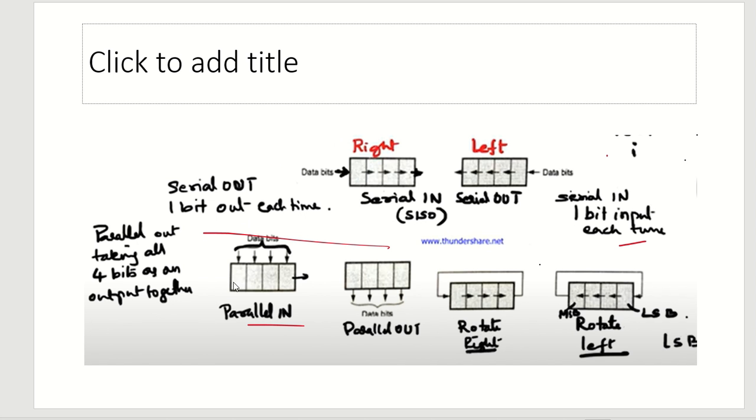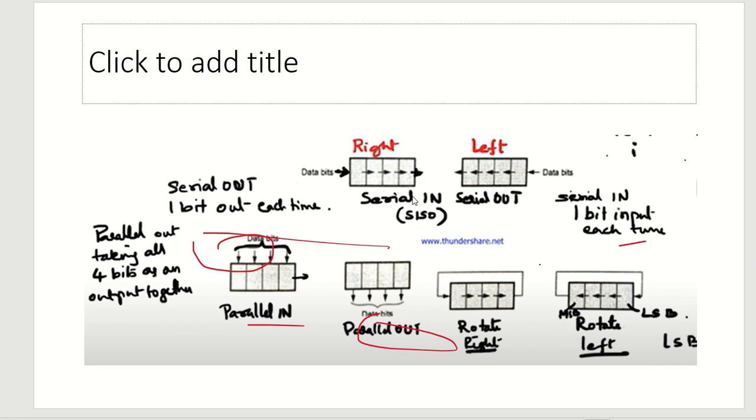Parallel in means we apply 4 bits as input at the same time. Parallel out means we take 4 bits as output together. In serial in, serial out, we apply 1 bit of input at a time and we take 1 bit of output at a time.